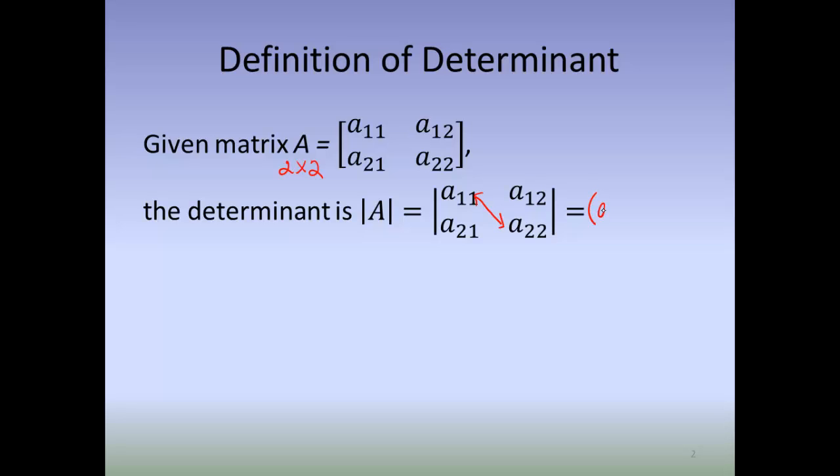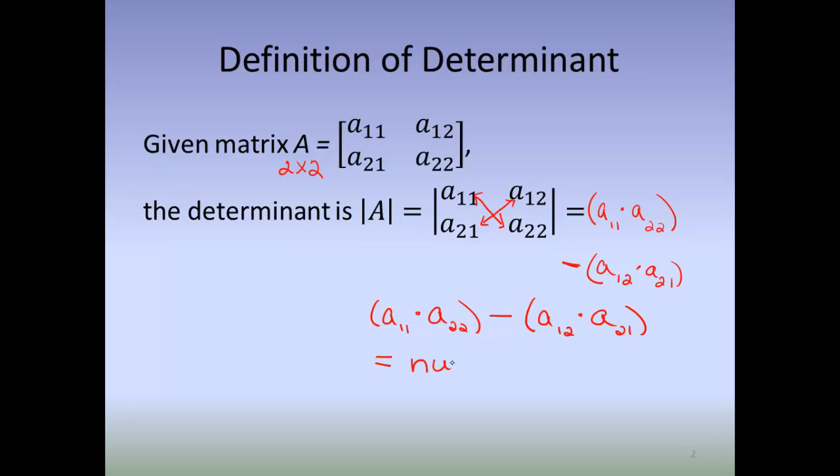So I would take A11 times A22, and I'm also going to multiply along the other diagonal, A12 times A21, and you will subtract those two values. So if I write it out long ways, it's A11 times A22 minus A12 times A21. When you do that, you will get some sort of number.